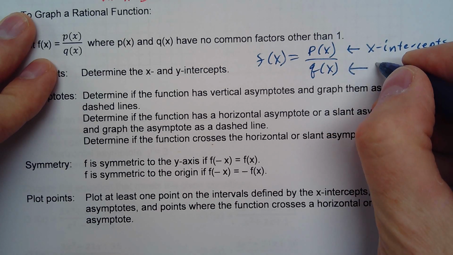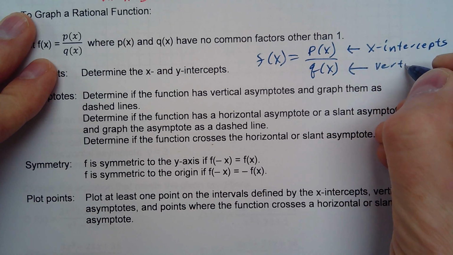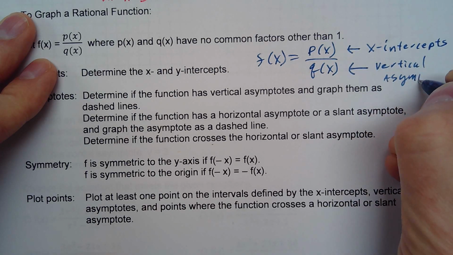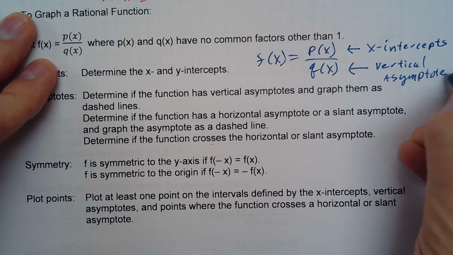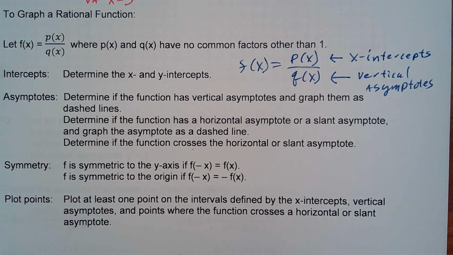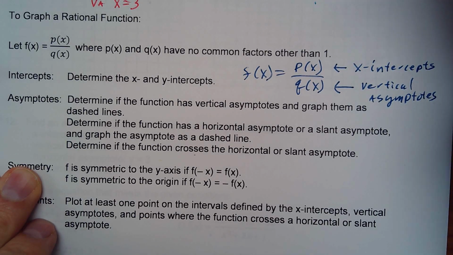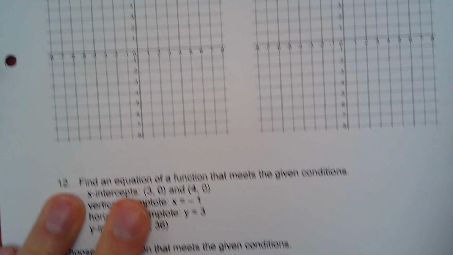And the vertical asymptotes come from the denominator. X-intercepts you get from the numerator, vertical asymptotes you get from the denominator. Alright, so let's go ahead and try some problems.